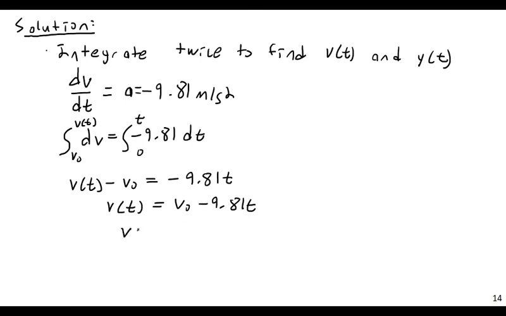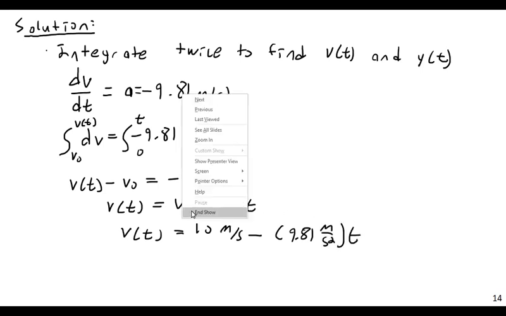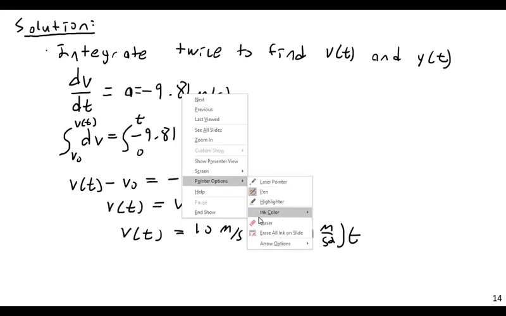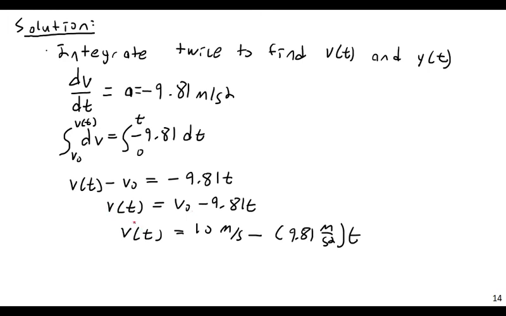So v of t, simply enough, is 10 meters per second minus 9.81 meters per second squared times t. And that would be our velocity equation. That's the full velocity as a function of time.